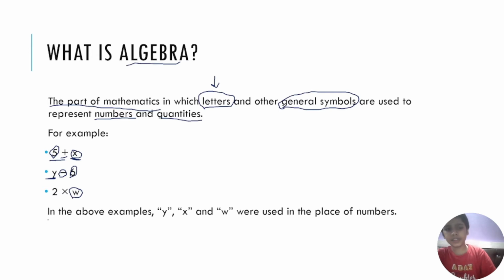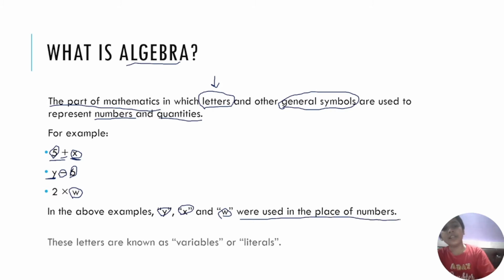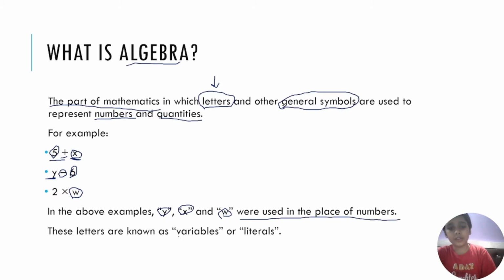So as you can see in the above examples, y, x and w, in these three examples, they were used in place of the numbers. These letters are known as variables or literals in terms of algebra. These variables and literals can be used to represent the numbers, but their quantity we don't know.